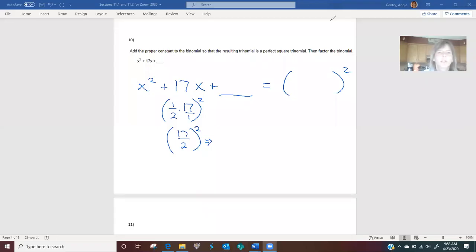This isn't the friendliest number really, but it's part of your homework, so I have to deal with it. 17 squared is 289. 2 squared is 4. So what happens is this piece goes here. This is really not going to help right now, actually, when we have something this complicated immediately.